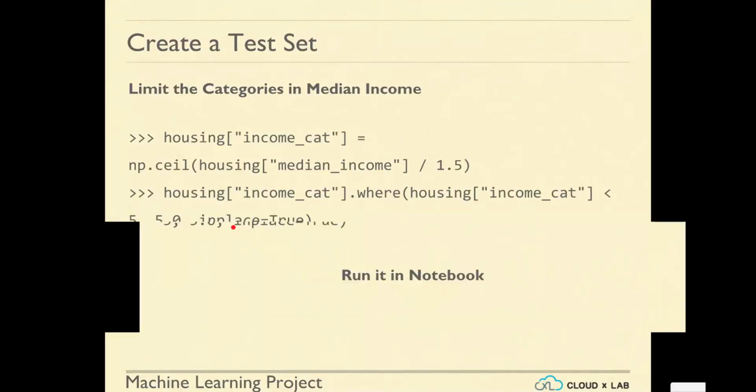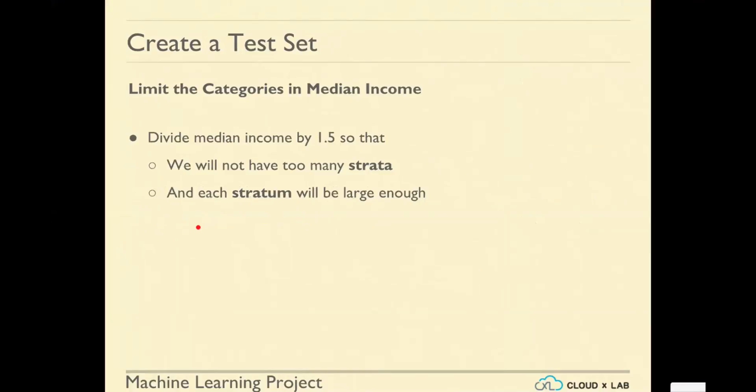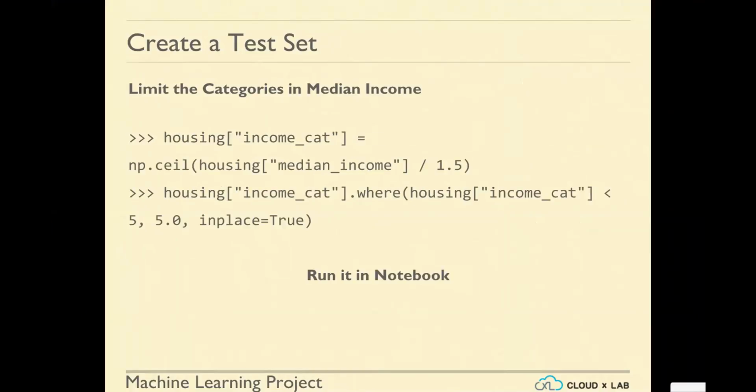And second, we are going to create the categories, a new column called income_categories. First we divide median income by 1.5 and save it in income categories.